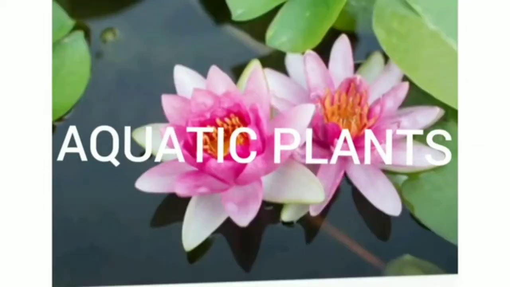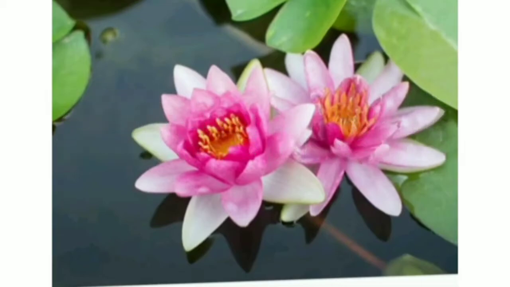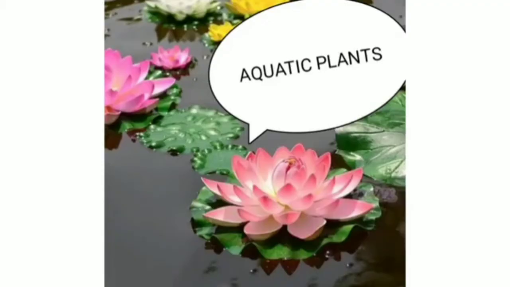Then the next type is aquatic plants. Before, we saw shrubs, herbs, trees, climbers and creepers. They all live on land; their habitat is land.